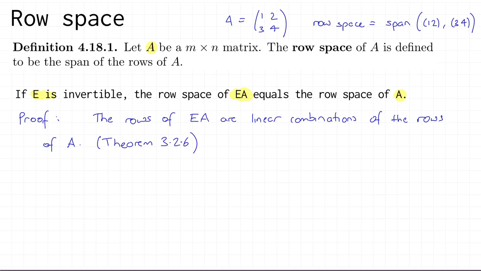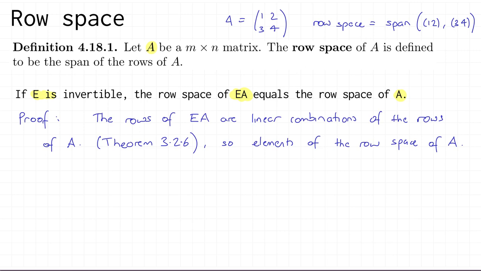Okay, the rows of EA are linear combinations of the rows of A, so they are elements of the row space of A. Now, the row space of A is a subspace. It's the span of something, and spans are always subspaces.